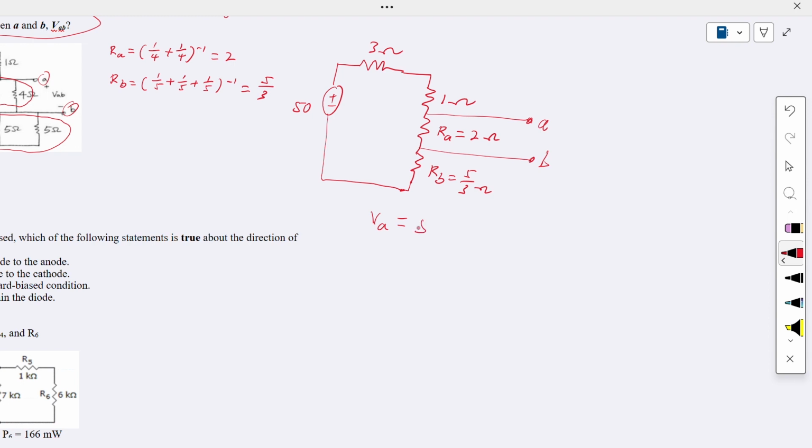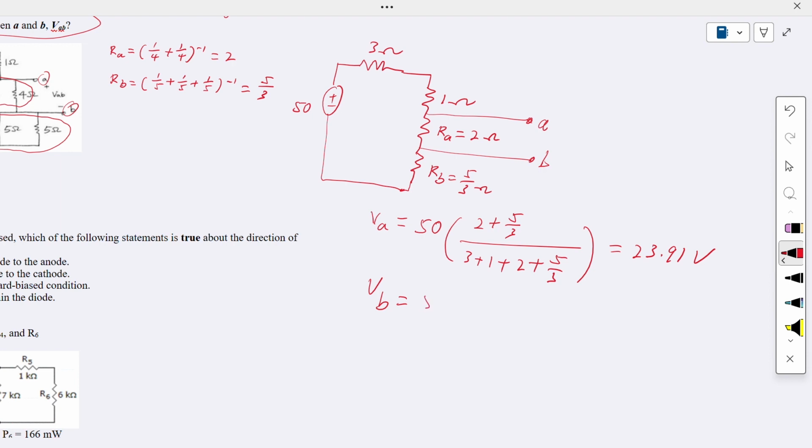VA is equal to 50 times the numerator, which is 2 plus 5 over 3, divided by the total equivalent resistance, which is 3 plus 1 plus 2 plus 5 over 3. This will give us the VA value, which is equivalent to 23.91 volt.